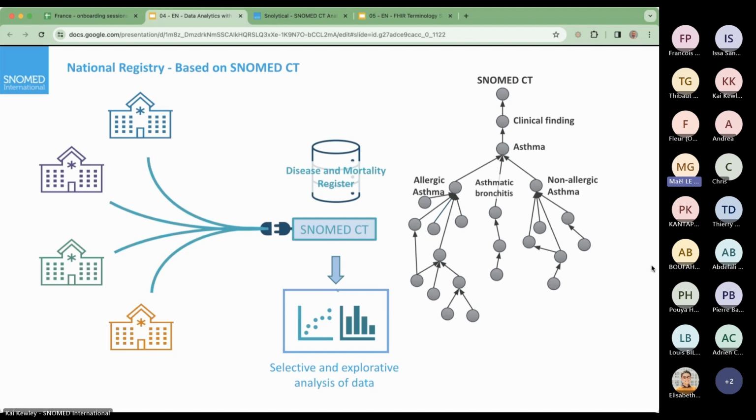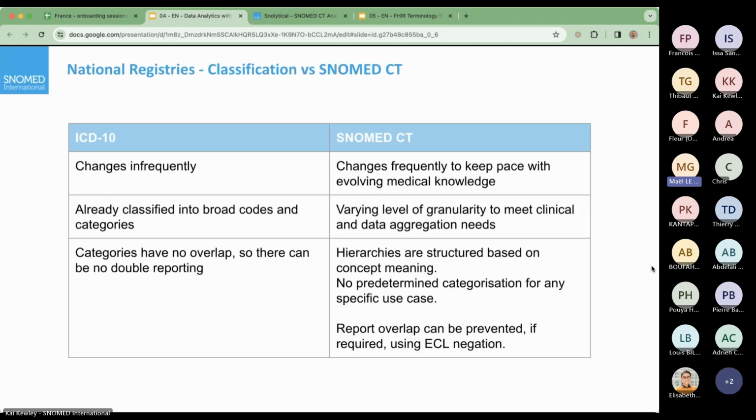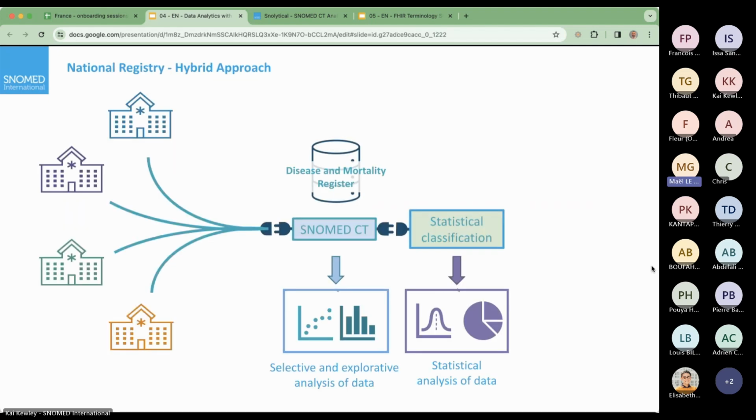Of course, you can use the whole SNOMED hierarchy, and you could do very broad analysis like all types of asthma, or all types of pulmonary disorder. So there's a lot of flexibility. Things aren't pre-categorized. You can choose your level of aggregation or reporting. I've got a comparison of approaches summarized here, but they're in the slides.